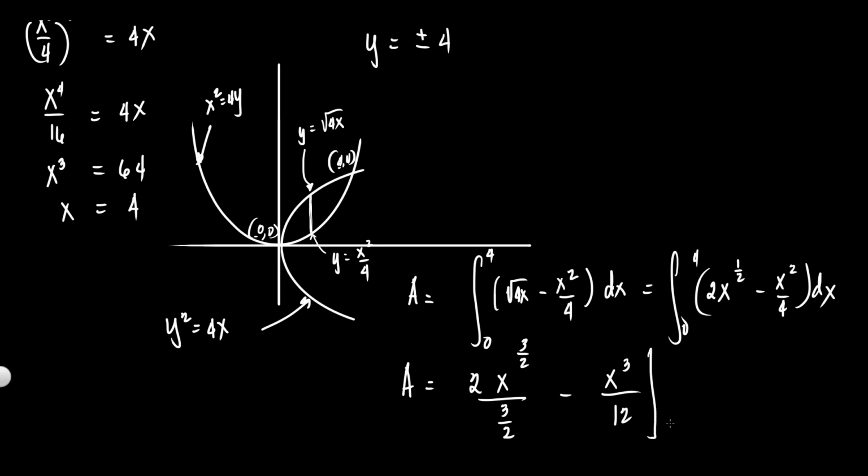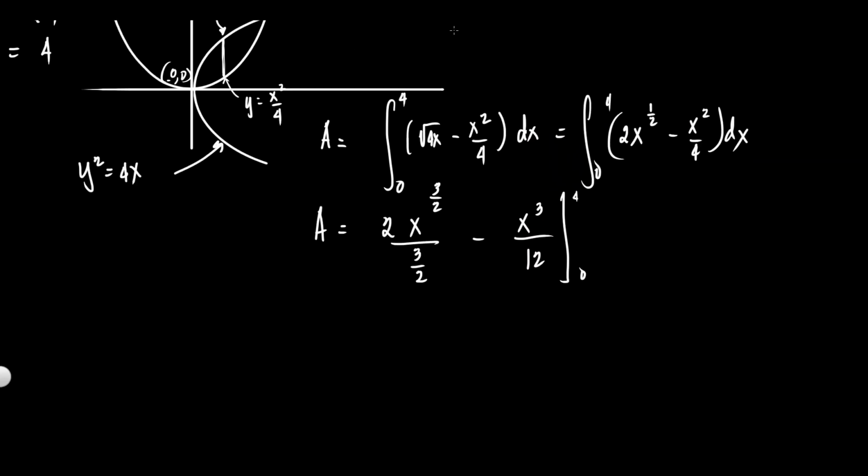Then limits from 0 to 4. Okay, so let's evaluate that. But first, we need to simplify this. So we have 4 over 3 times x raised to 3/2 minus x cubed over 12, limits 0 to 4.